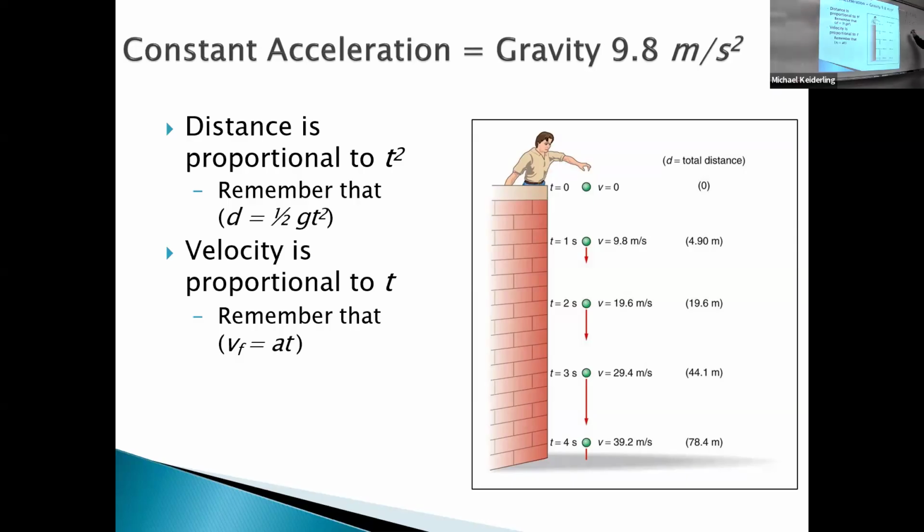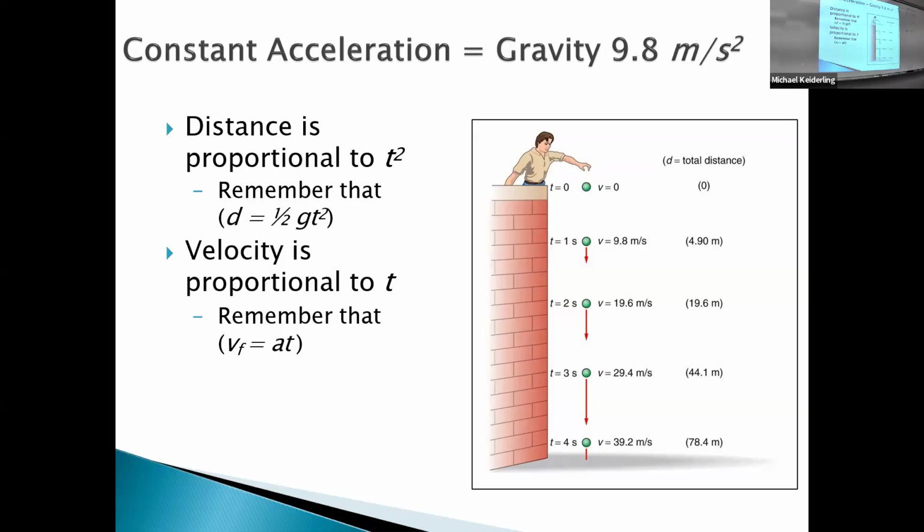The final velocity for a falling object is a simplified version of that more general equation. Final velocity is initial velocity plus acceleration times time. Well, the initial velocity is 0, the acceleration is g, so the velocity or the speed is just gt.